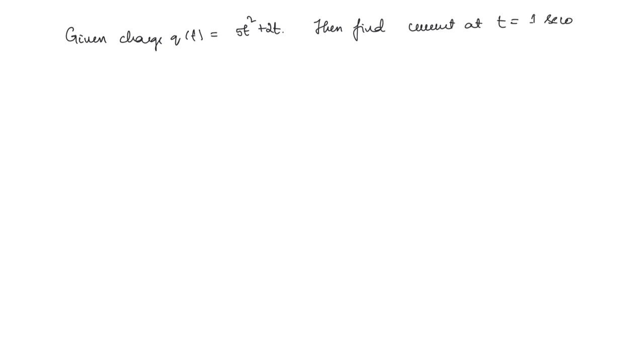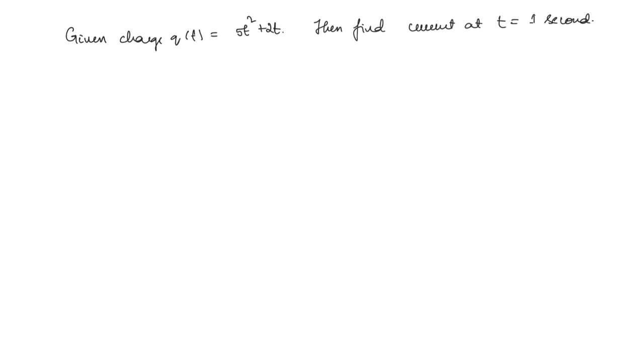Given charge Q of t is equal to 5t square plus 2t, find the current at t equal to 1 second.